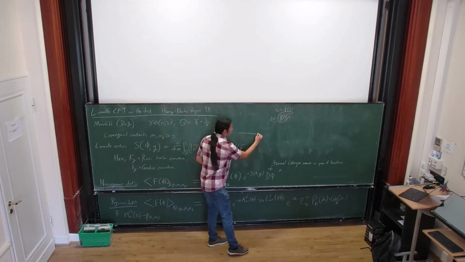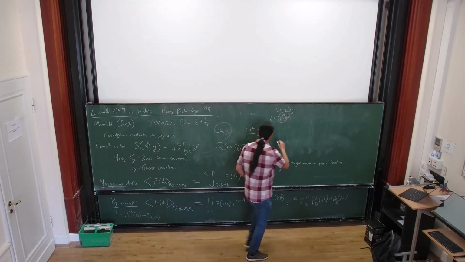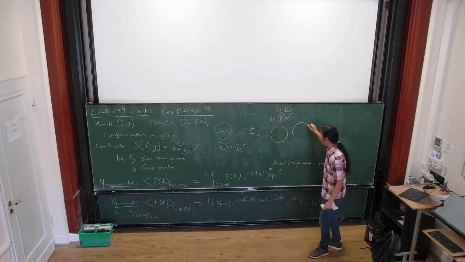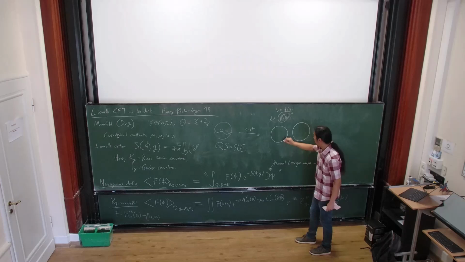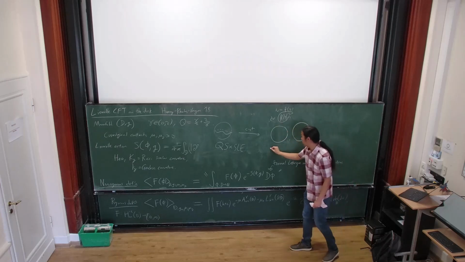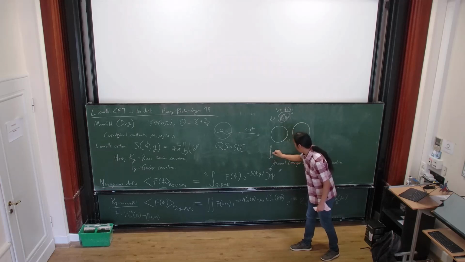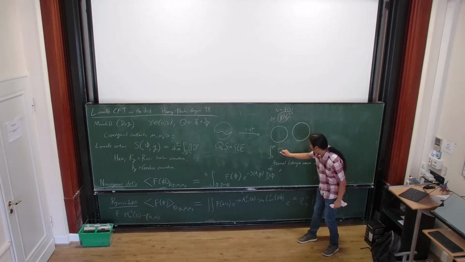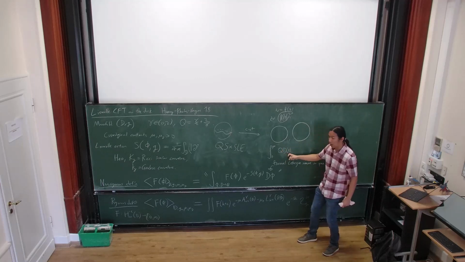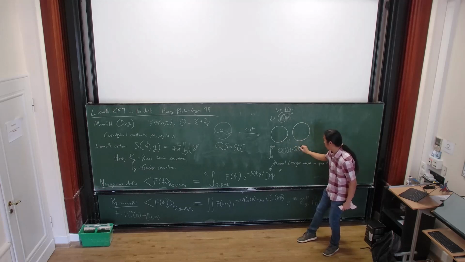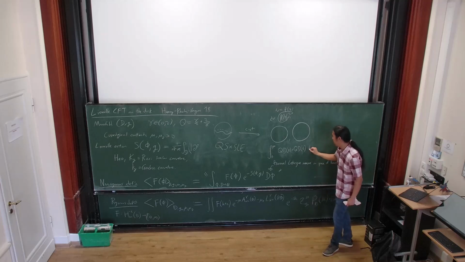Now we want to cut. And that's going to give us a pair of surfaces with the disk topology. And it turns out that the law of this pair of surfaces is going to be something like this. You integrate over all possible boundary lengths L of the disk, and then you have a quantum disk with boundary length L for the first one, followed by a quantum disk with boundary length L for the second one.